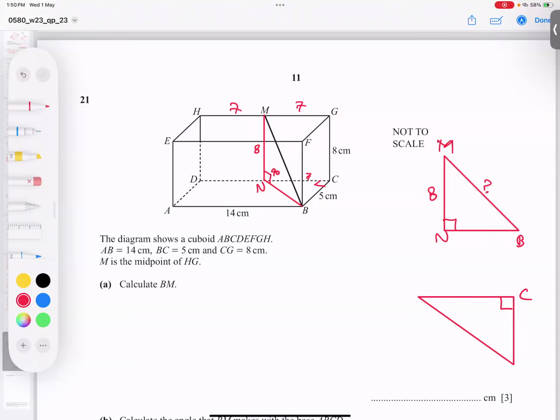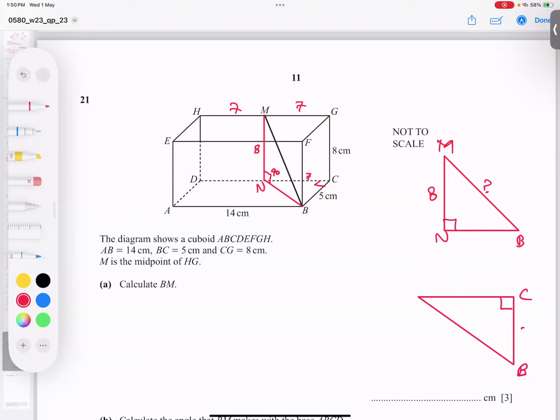That is important. This is B, and the gap PEM is 5. And this is N, and this gap is 7. I think we can find this easily.